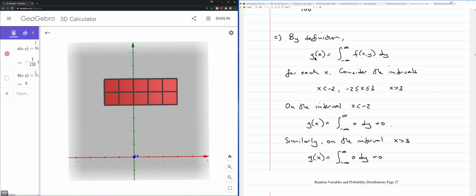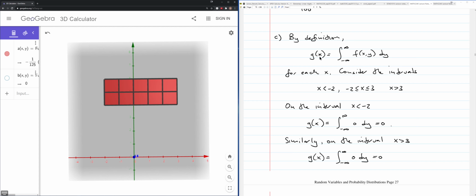So if I'm working out g of x, let's just use this minus 3. The PDF is non-zero between x equal to minus 2 and x equal to 3. So if we consider this point, x equal to minus 3.